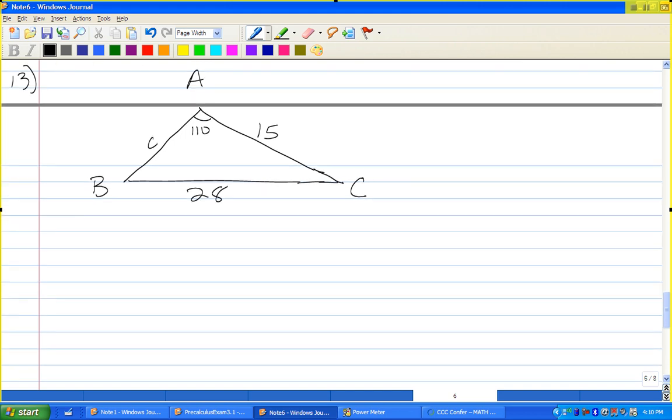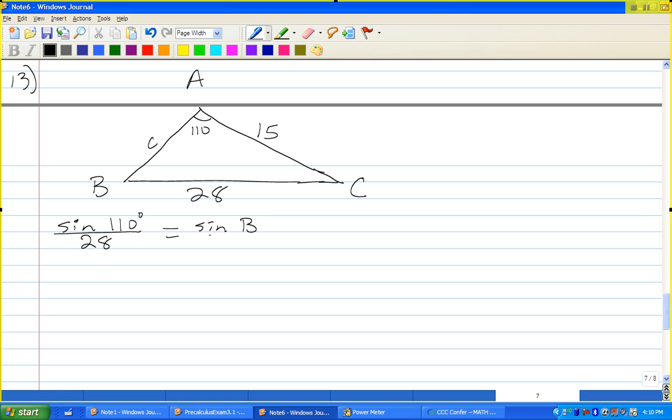So let's use the law of sines for this one. I have the sine of 110 degrees over 28 is equal to, let's say, the sine of B over 15.